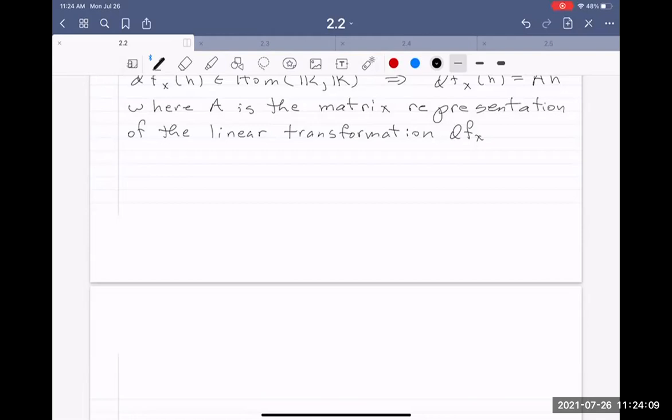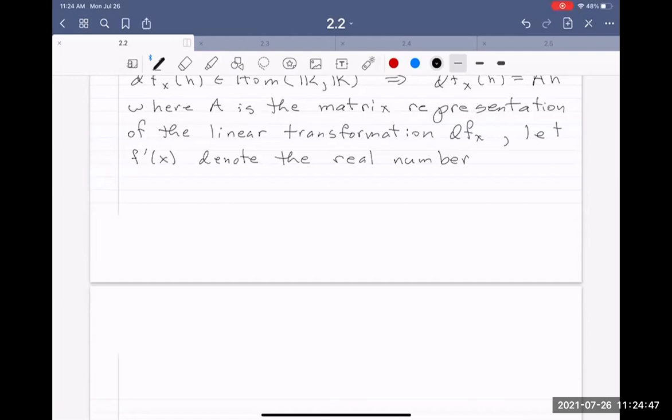And so let f prime at x denote the real number that corresponds to this matrix.